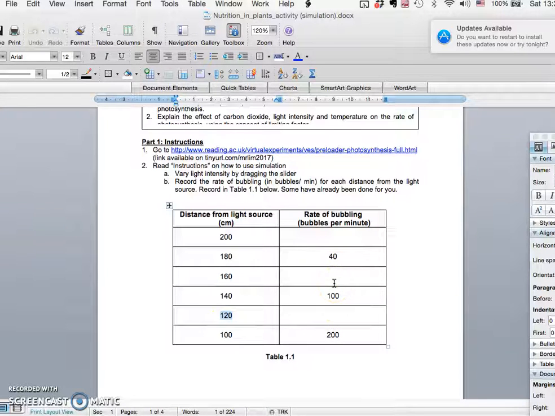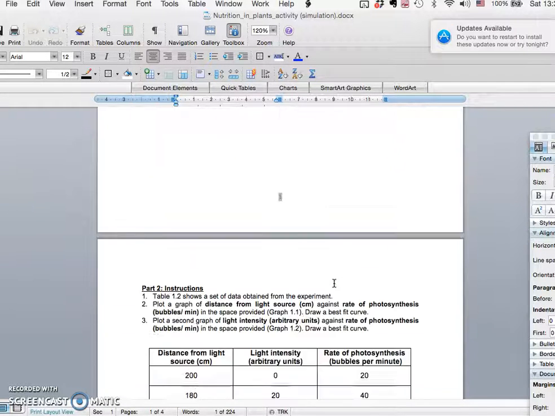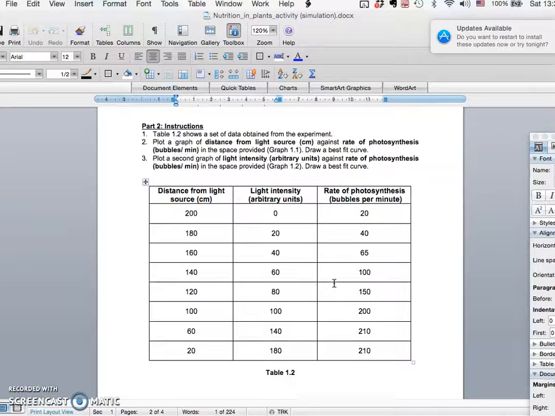Once you're done trying out the experiment, I have given you a set of data on the second page, where you see distance from light source, light intensity, and rate of photosynthesis in bubbles per minute. This data is for you to plot 2 graphs. The first graph is distance from light source against rate of photosynthesis.